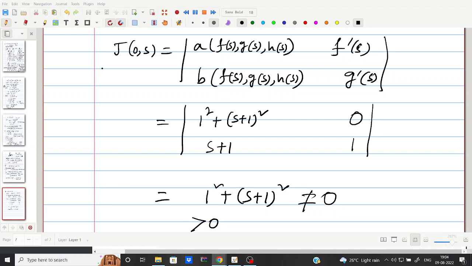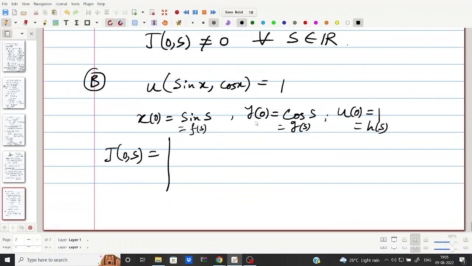J0 is A at (f(s), g(s), h(s)) times f dash s, and B at (f(s), g(s), h(s)) times g dash s. So A is x square plus y square, that is f square plus g square here. What is sin square plus cos square? 1. This is cos s, this is again cos s, this is minus sin s, the derivative. Is it okay?